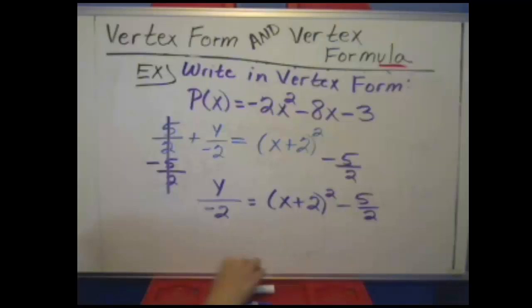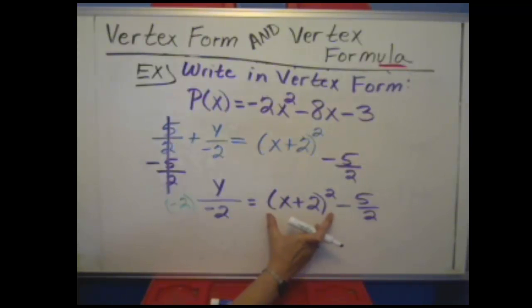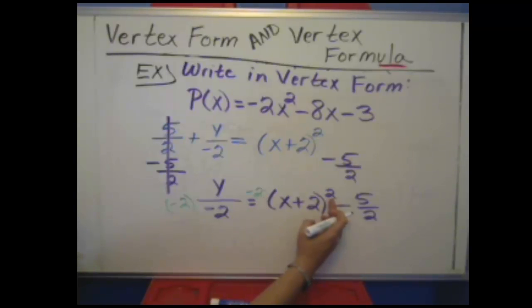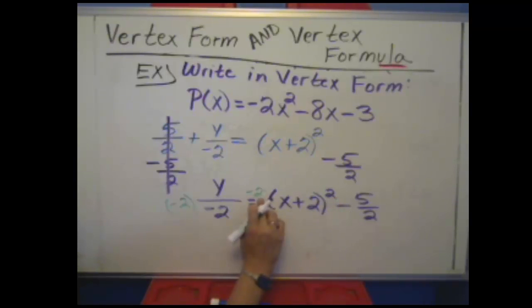We still want y alone, so we will multiply -2 to both sides of the equation. Remember when doing that you do want to hit every term on both sides of the equals to keep this equals statement true. What that means is that the x plus 2 squared will get hit once in the very front with multiplication of -2. You do not distribute this -2 because there is a squared symbol on front. So you simply write, hey, multiply that by -2, but do not attempt to put it into the parentheses.